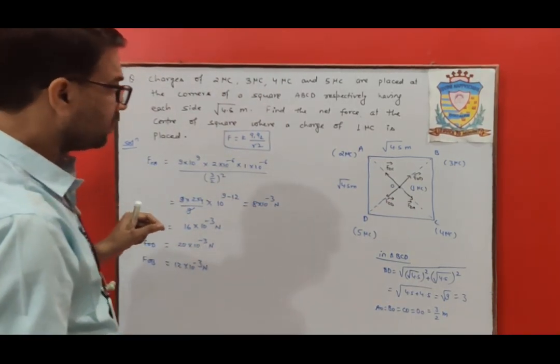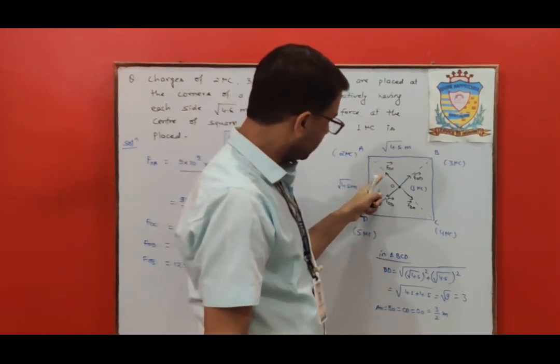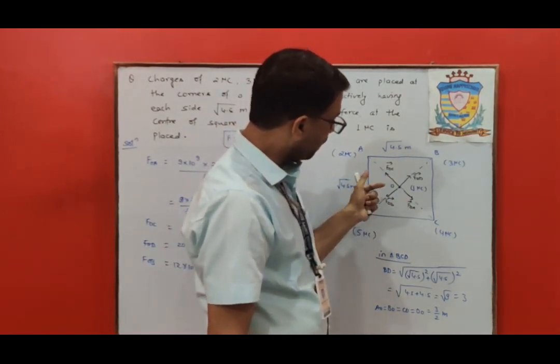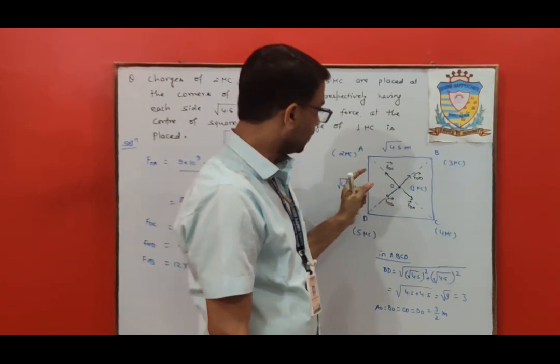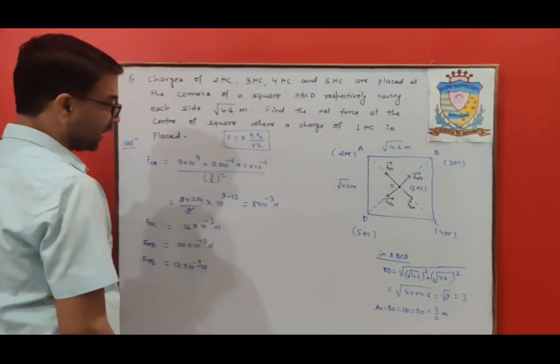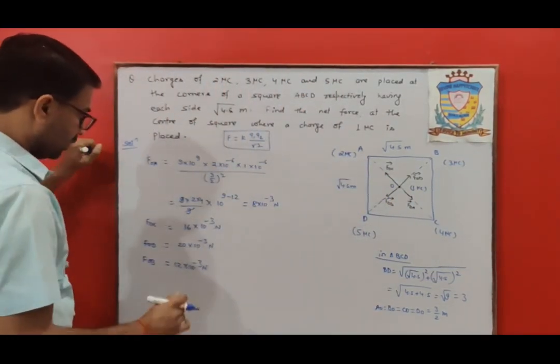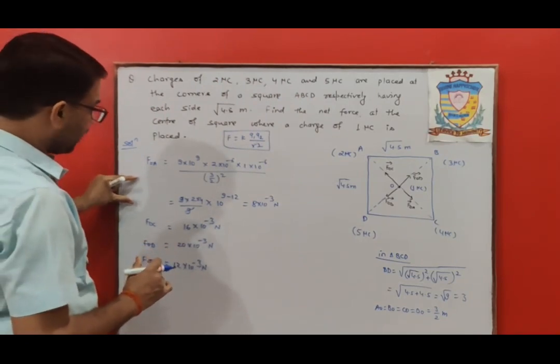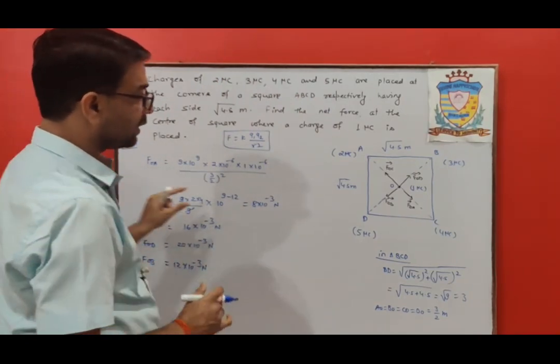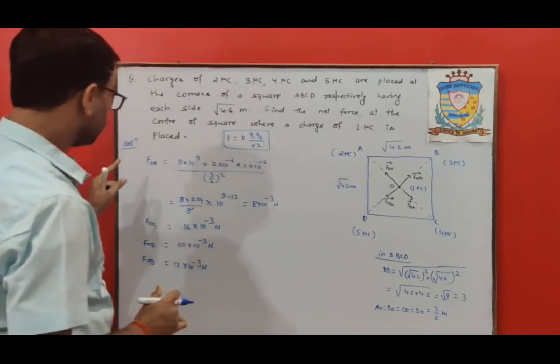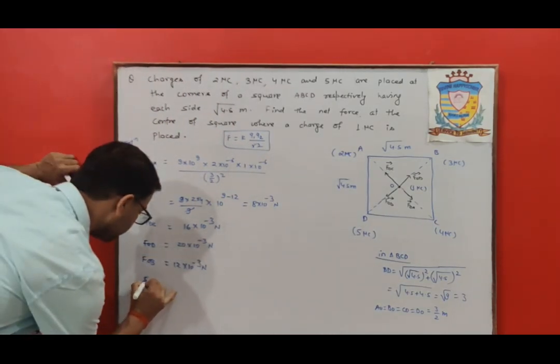Okay. Now here you can see these two are opposite forces. That means we will first find the resultant. So FOA and FOC, let the resultant be F1.